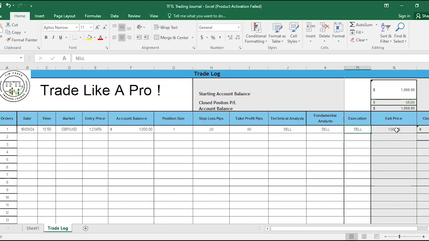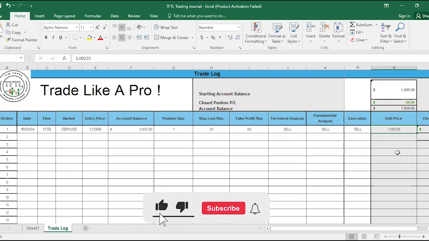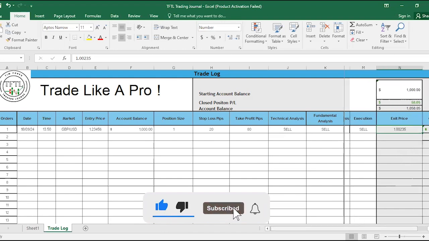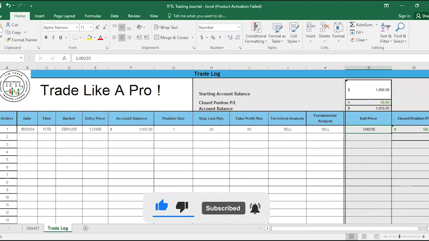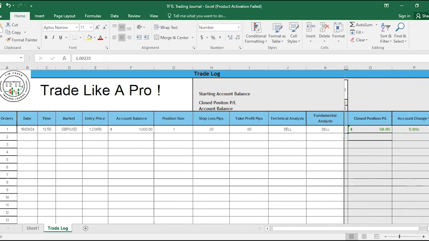Here you can have your exit price, where you exited from this particular point. Remember, this is just an example. These are not exact figures. Then the closed position P&L, you can still have it here, that is $58.05.